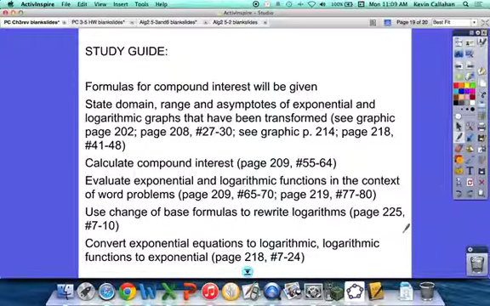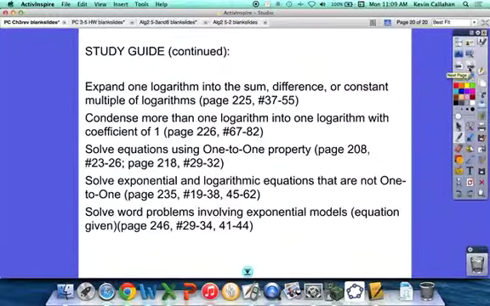Convert exponential equations to logarithmic and logarithmic to exponential. Okay, all of the things which we've done. I'm going to go through this. Expand and condense. Solve equations using one-to-one. Solve equations that are not one-to-one. And then solve word problems involving exponential models.